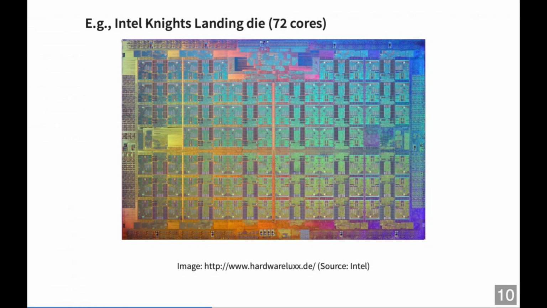I think there are about 72 of them on this die. Compared with that previous picture, you may have the feeling that slightly more real estate is being allocated to cores here, and slightly more to computing than in that previous picture.